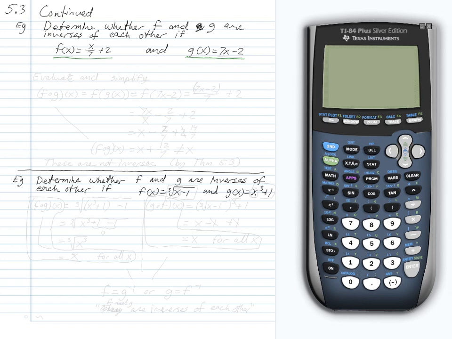So let's evaluate and simplify the composition functions, f composed with g of x, and later on we'll evaluate g composed with f of x.